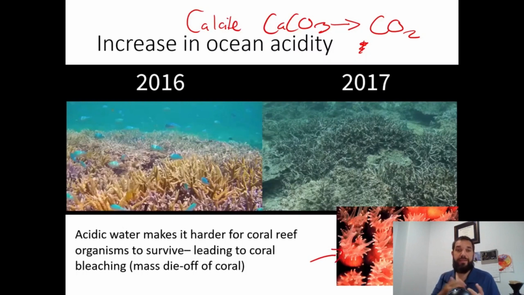Coral, for example, makes its skeleton out of calcium carbonate. It makes it more difficult for them to secrete their calcium carbonate skeletons and therefore live, right? So that's why you have things like coral bleaching. When you say coral bleaching, it just means the coral animal has died. It's sensitive to ocean pH, so that's why we have a concern about it.